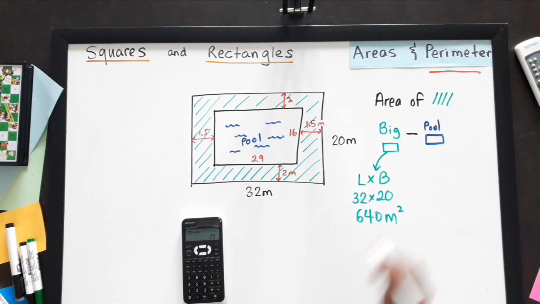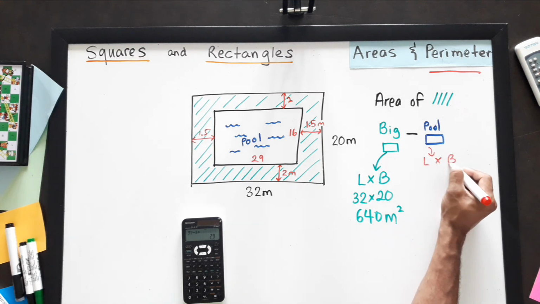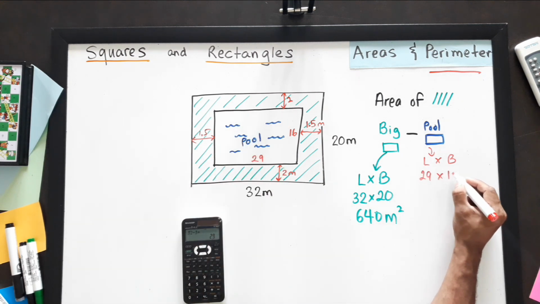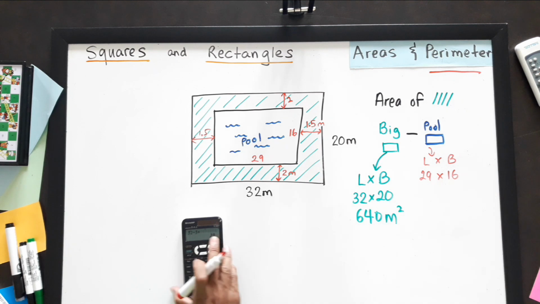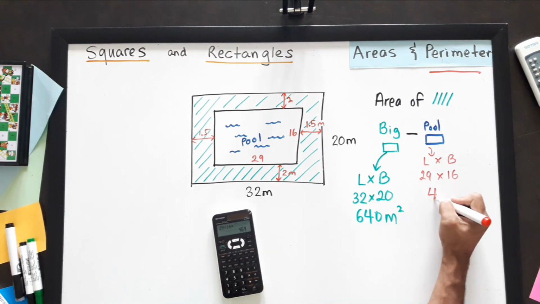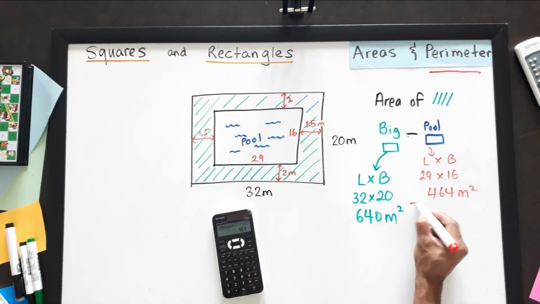So that means the pool, to find the area, will be length by breadth. The length is 29. The breadth is 16. Okay, so let's try that. 29 multiplied by 16. 464 meters squared. And we said we would minus both answers.